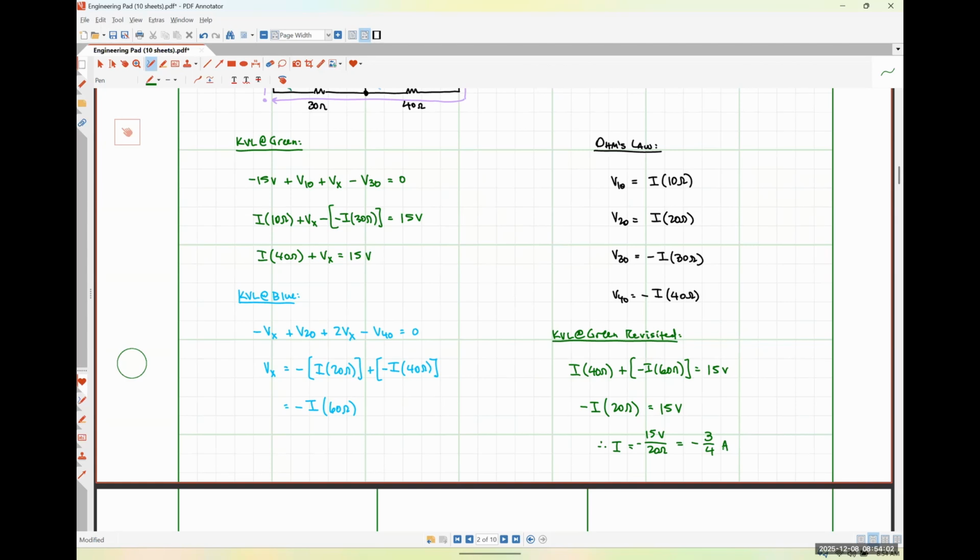And if I substitute this value of I into my equation for Vx, this would come out to be positive 45 volts.